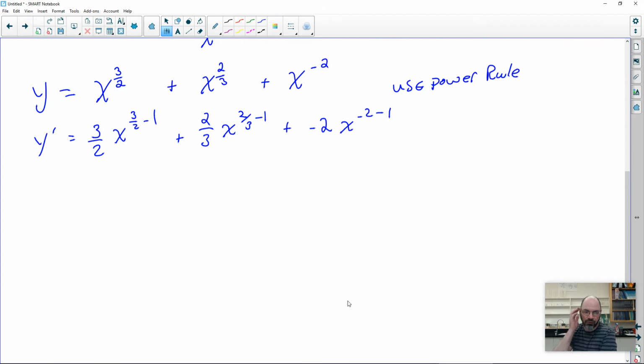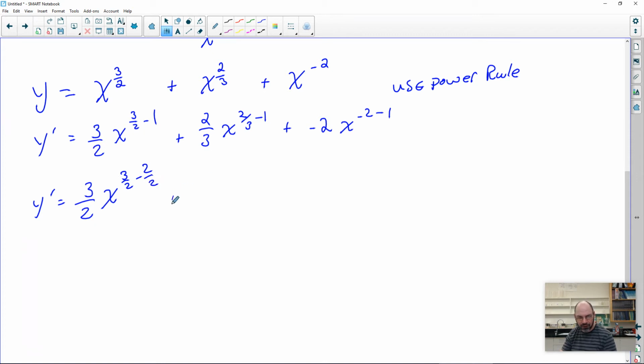Now we have to do some simplification with these exponents up here. This is going to be 3 over 2, 1.5x, but I'm going to leave it in fractional form. This is going to be 3 over 2 minus 1. 1 is 2 over 2, so this would be 3 over 2 minus 2 over 2.